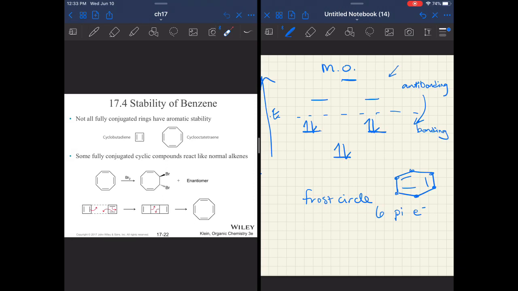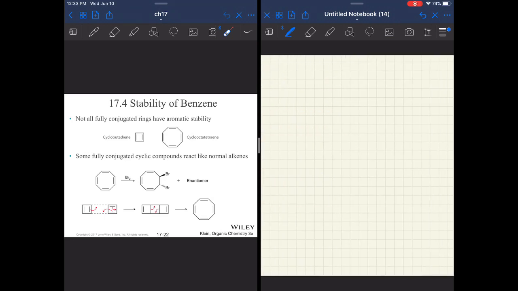Now, if this creates such a stable structure, then why don't we see similar stability when we look at cyclobutadiene and cyclooctatetraene? When we try to do these reactions, for one, if we just use Br2, which won't react with benzene, it will react with cyclooctatetraene.